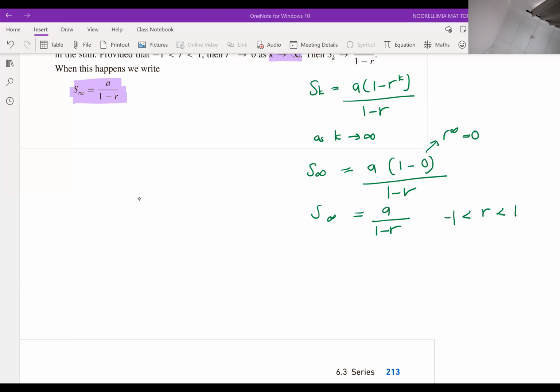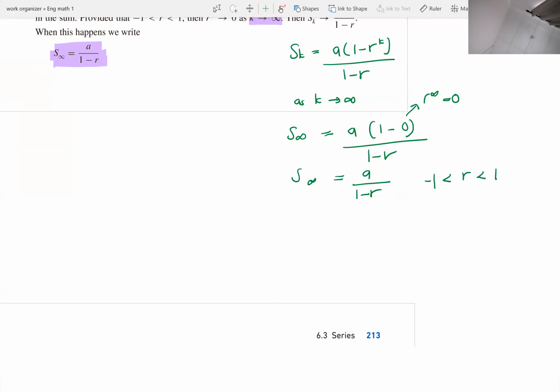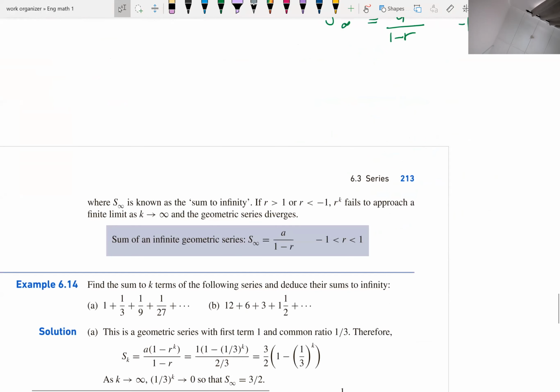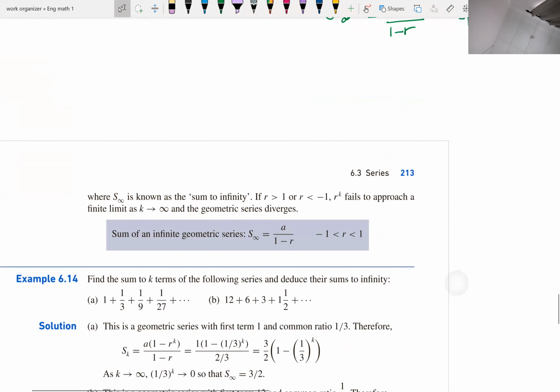Now we are going to calculate using this example.